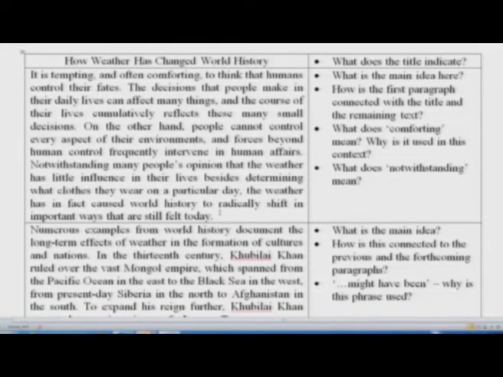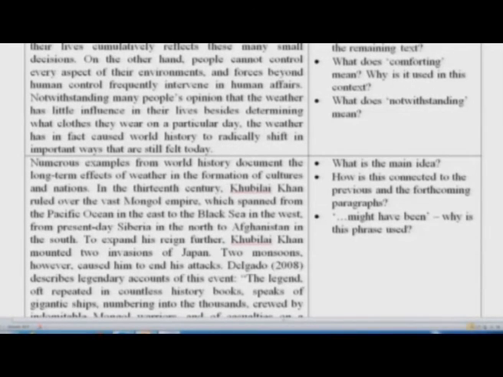So, let us look at this paragraph in detail. The title is How Weather Has Changed World History. So, by just looking at the title, can you guess something about the content? Most likely the text is going to talk about how weather has influenced world history.